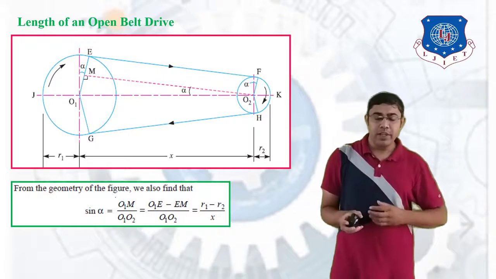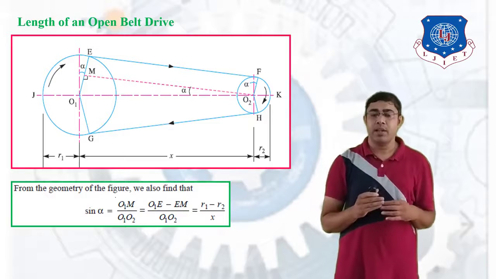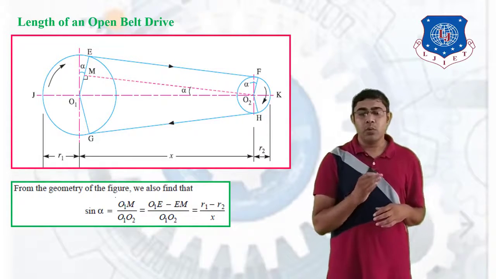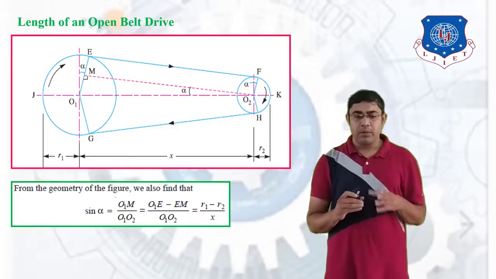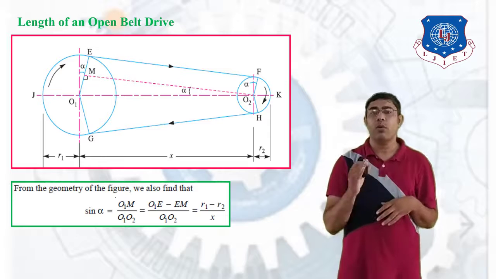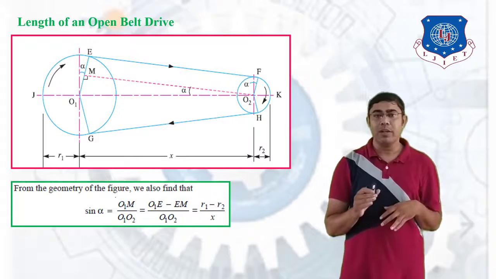Now we have to calculate sin alpha, and for that we consider the triangle O1MO2. From the figure, sin alpha is nothing but O1M divided by O1O2.